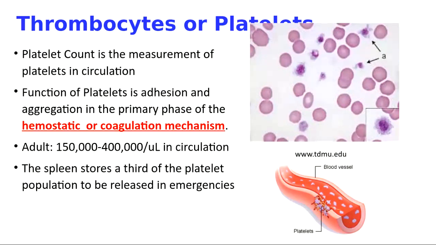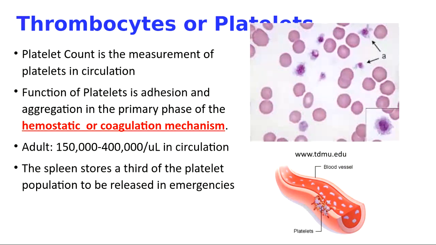One thing to remember is that we have a lot of platelets in circulation, but about a third of whatever is in circulation is also stored in the spleen for cases of emergency.